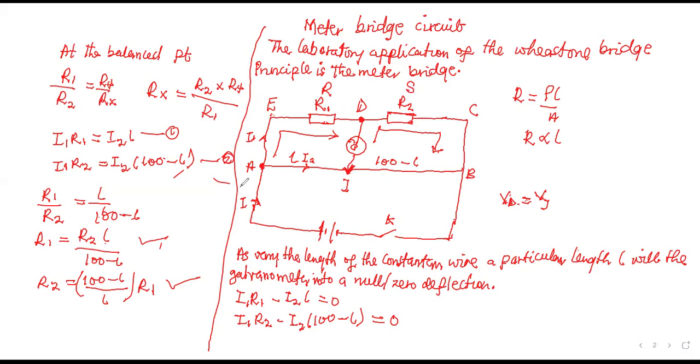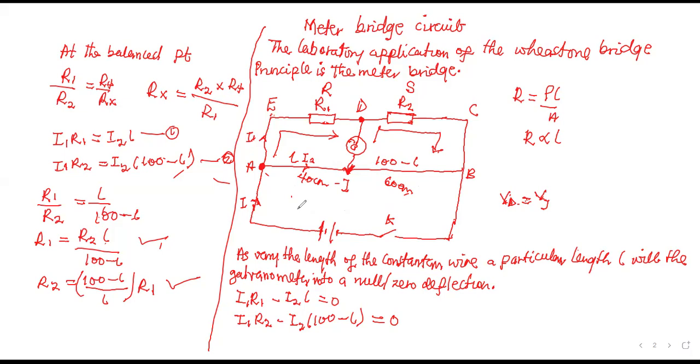Now, in a meter bridge, the null point is found at a distance of 40 centimeters. So where we have just R and S, the meter bridge balances at a distance of 40 centimeters from A. The jockey must be placed at 40, and that is the point where the bridge balances. So when this is 40, the remaining length is 60 centimeters.